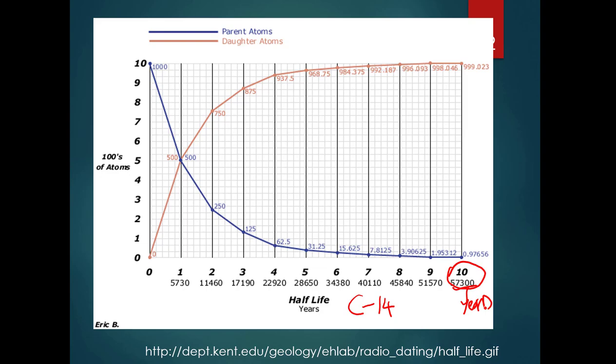So if somebody comes to you and says that I measured this sample and it's a million years old and I used carbon 14, then you know that they are not telling you the truth. Because after 57,000 years, the carbon 14 is not reliable.